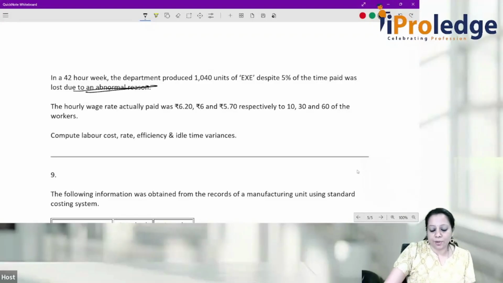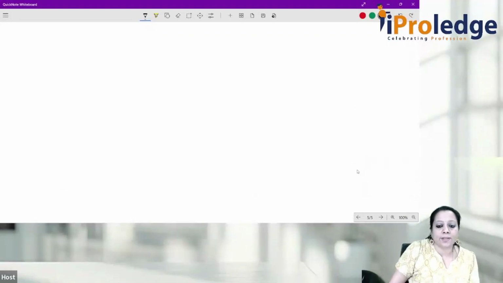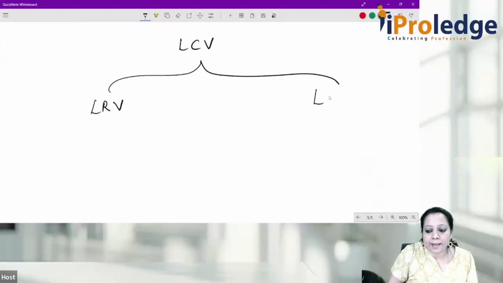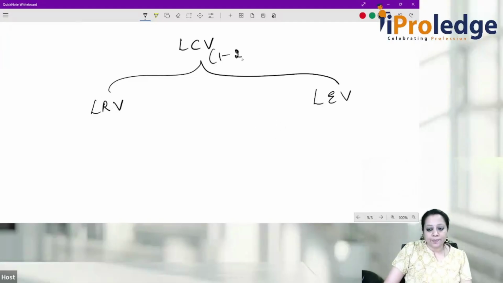First of all, for those of you who are new to the charts, it is labor cost variance, which can be subdivided into labor rate variance and labor yield variance. This is 1 minus 2. This is 1 minus 3.